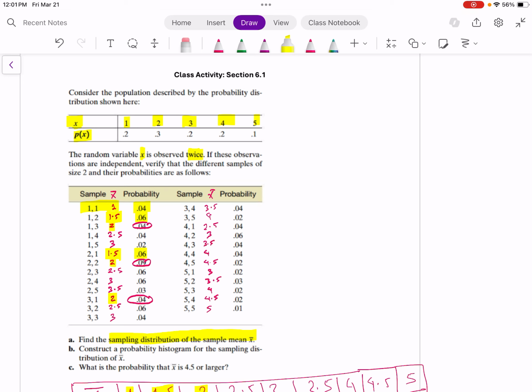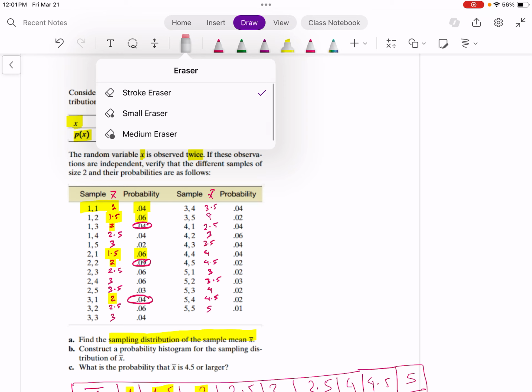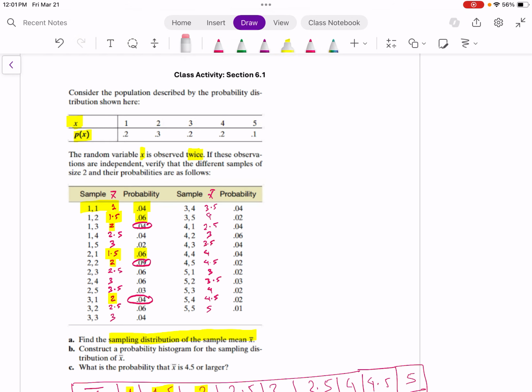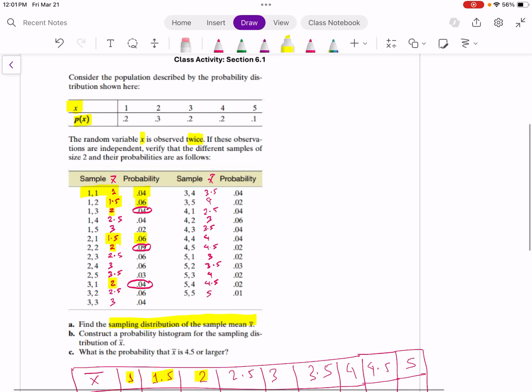And we have the second table. In the second table, x is observed twice. Our x takes the numbers 1, 2, 3, 4, 5, and if we observe x twice, then these will be our samples.